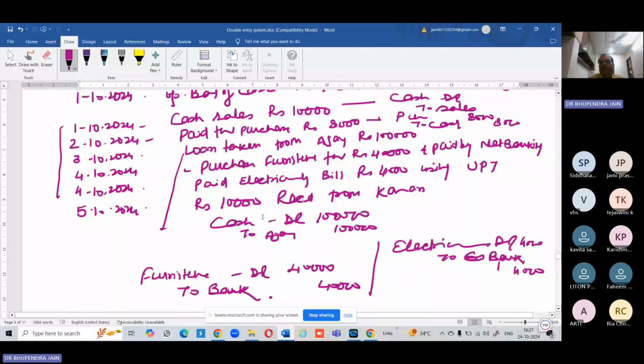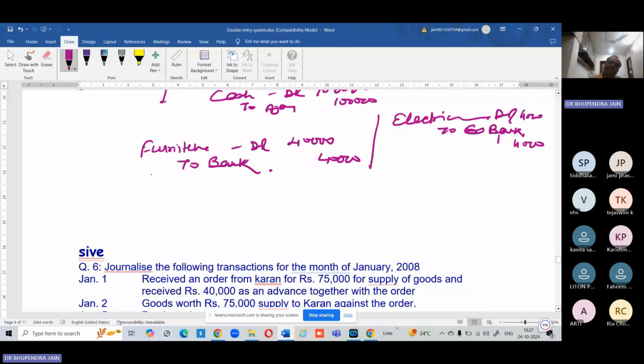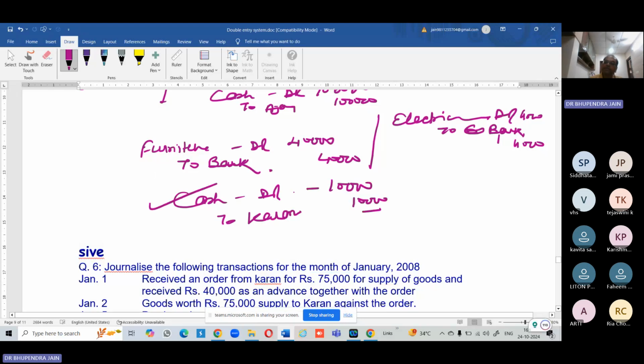10,000 received from Karan. So now the entry is cash account debit to Karan. So cash is given in the debit side.